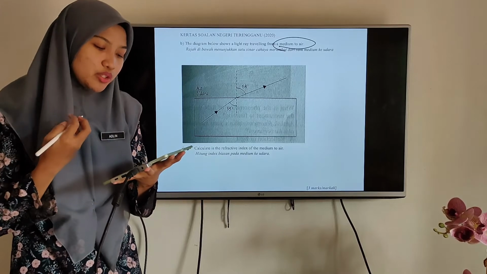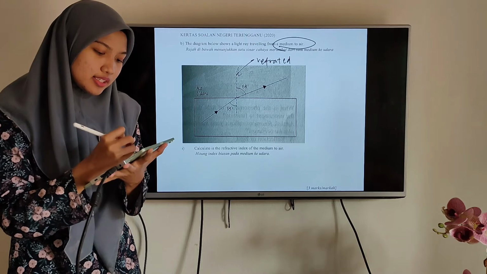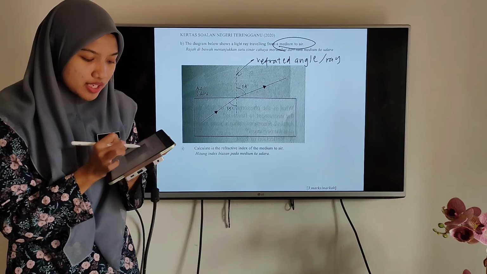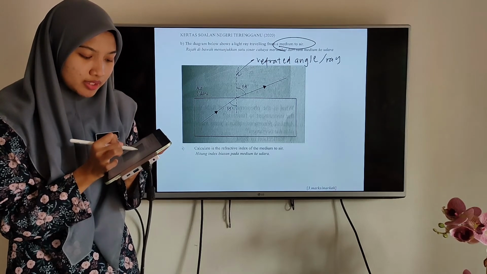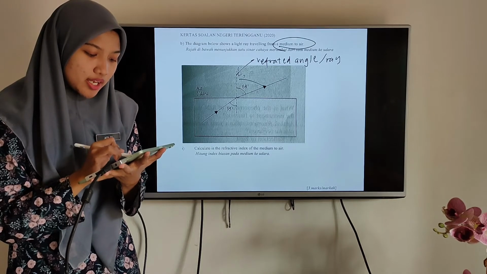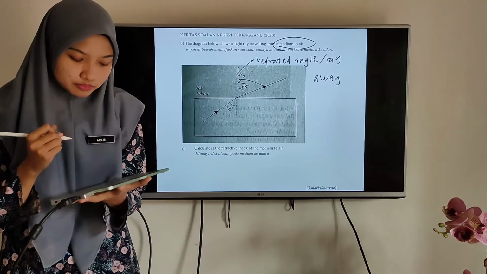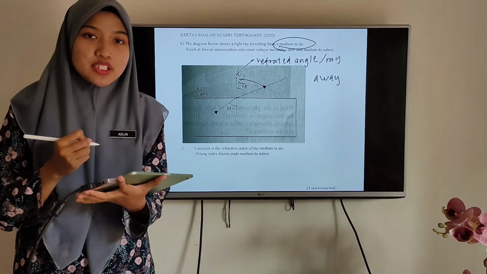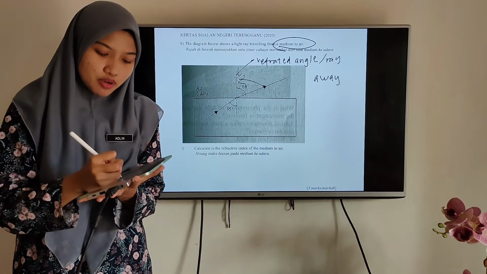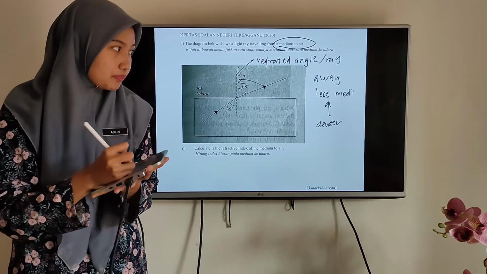So what you have to do is look at the refracted angle or ray. Okay, when you see that the refracted ray is away from the normal line, the light is going from a denser medium to a less dense medium.